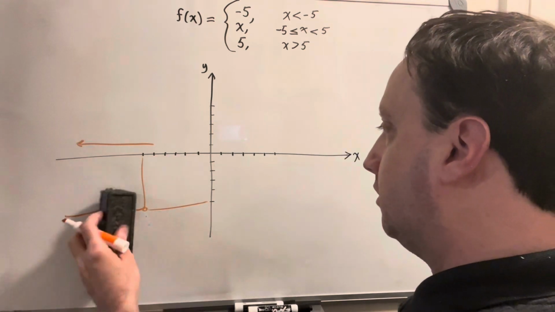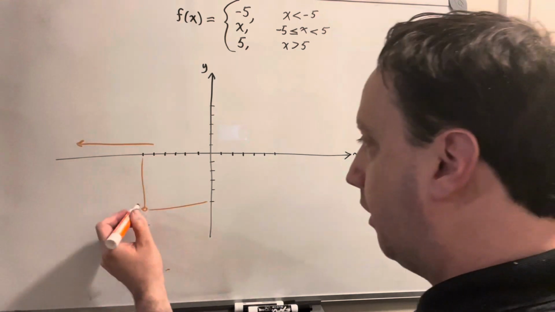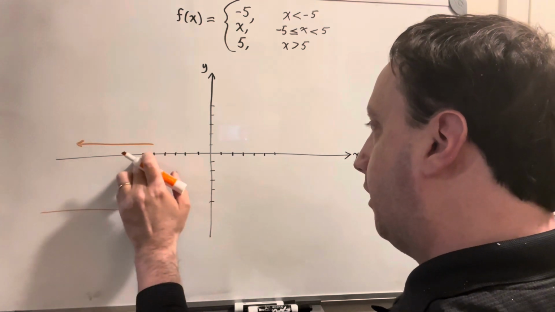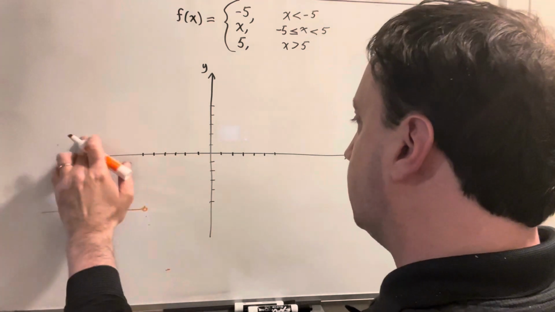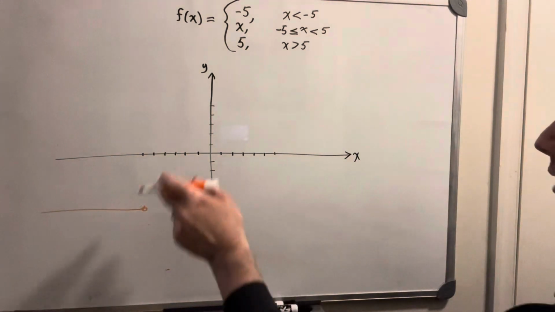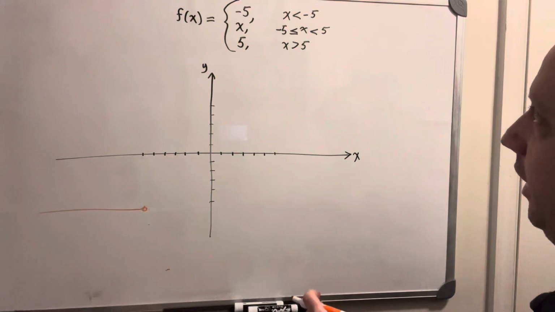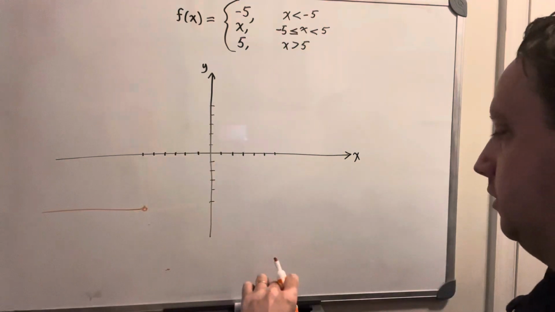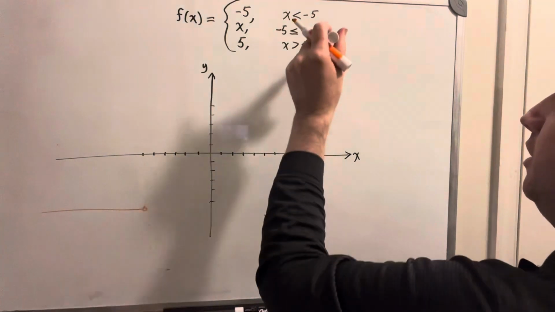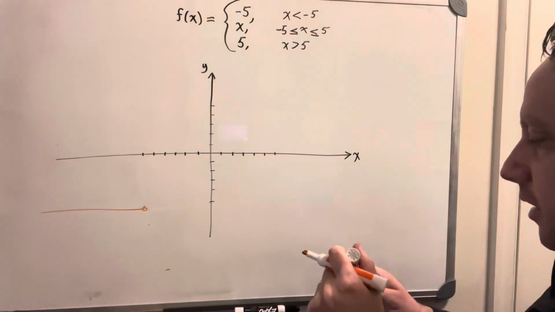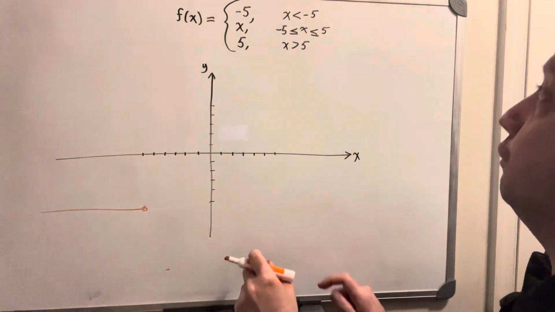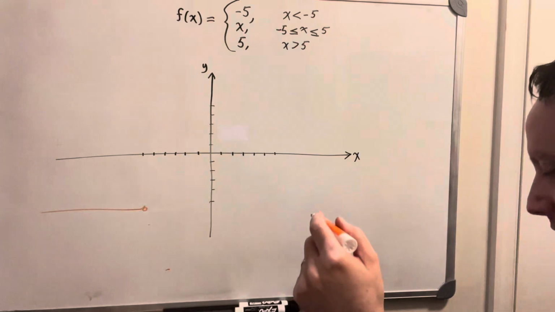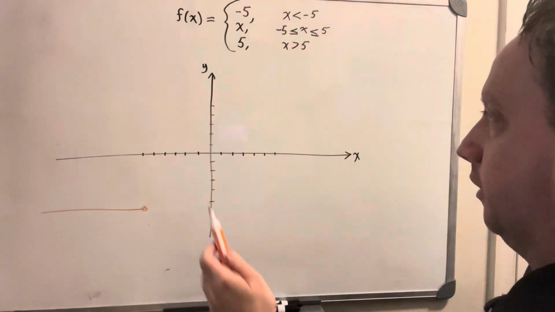So that's that part. And now at -5 and until, I think I wrote it down wrong. From -5 to +5, the function takes the value of x, which is a linear function.